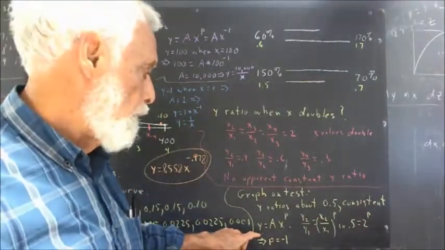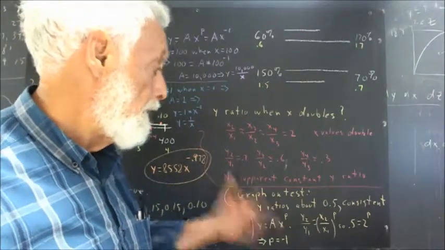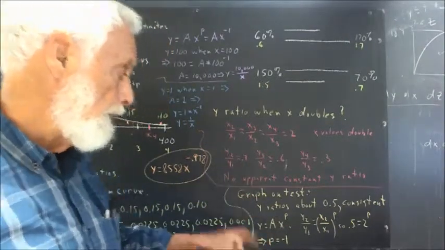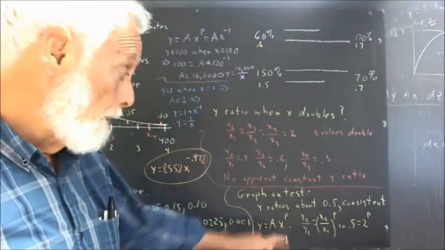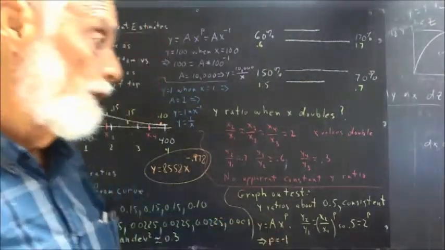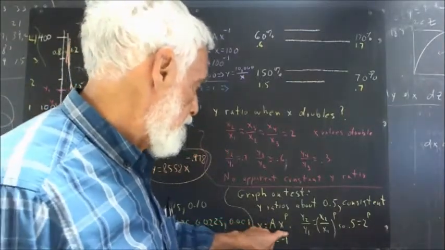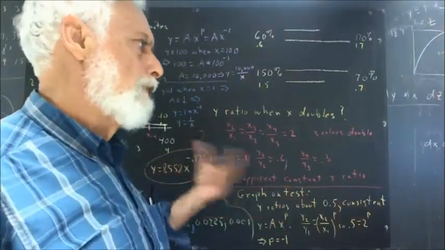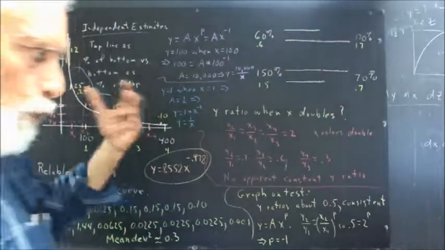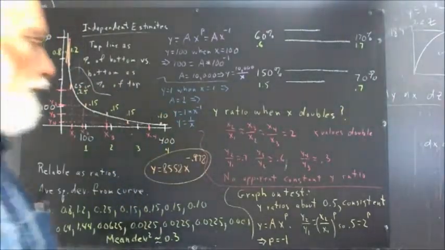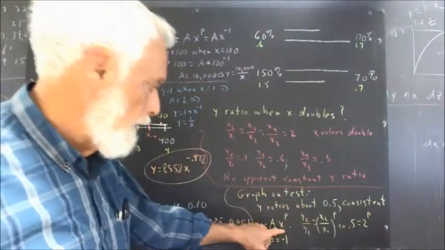Now, y equals ax to the p is your general power function, and when you have a constant y ratio for doubling of x, that's what you expect. In that case, you can refer back to the solution on problem 1 of the exam if you want more detail on how this works out.